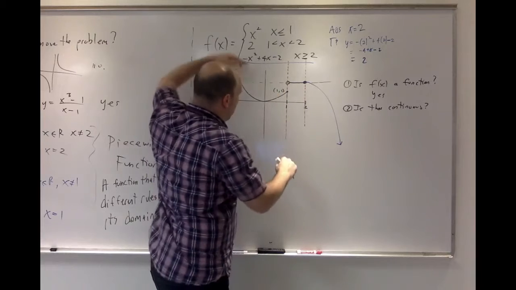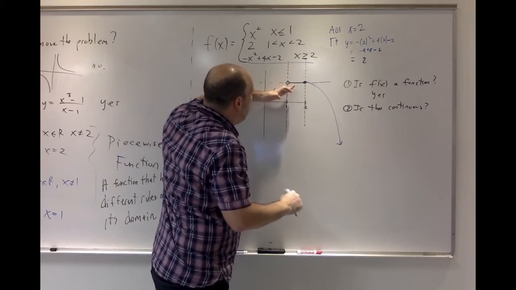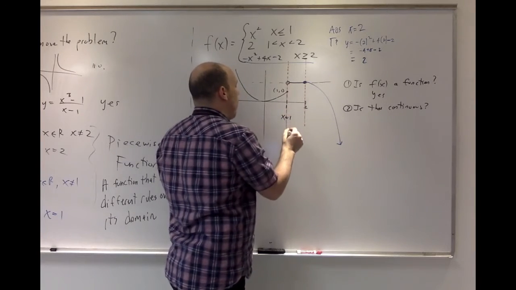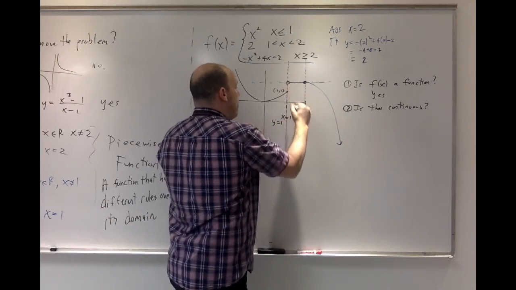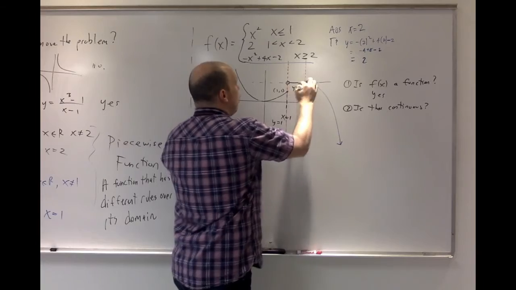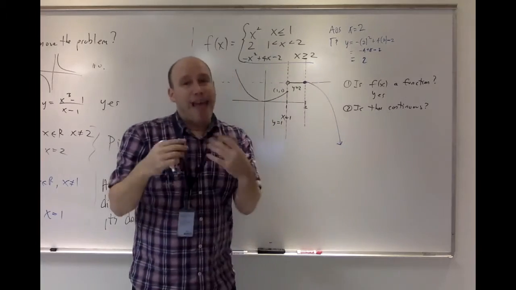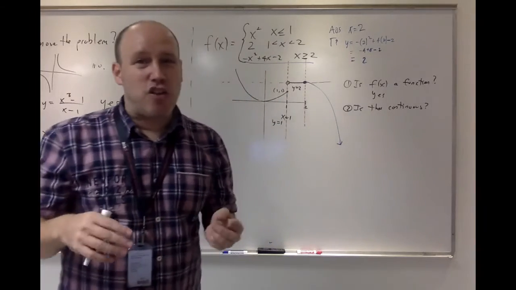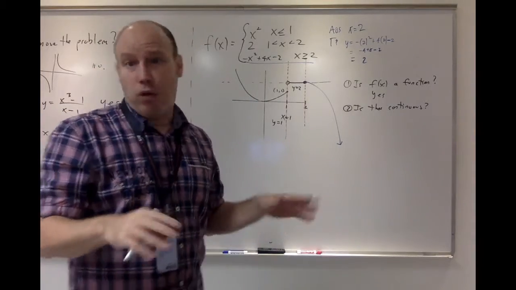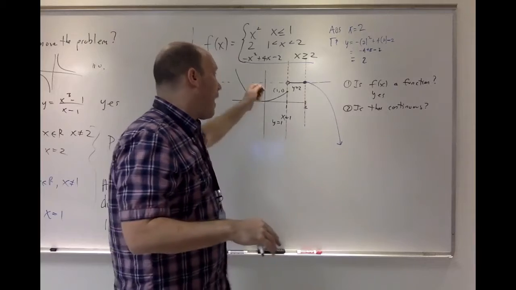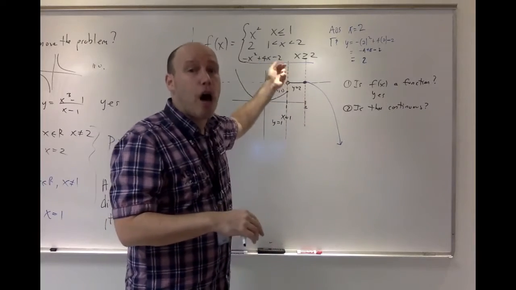As you approach from this side, y equals 1, but from this way, y equals 2. Because they don't match up, that's a proper definition of discontinuity. But we don't have limits yet. So you can merely say, I have to pick up my pencil, or there's a jump.